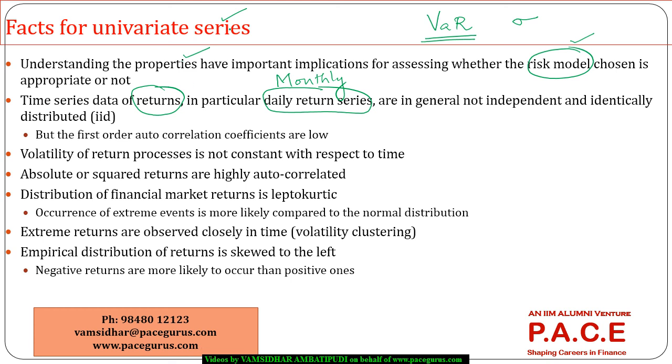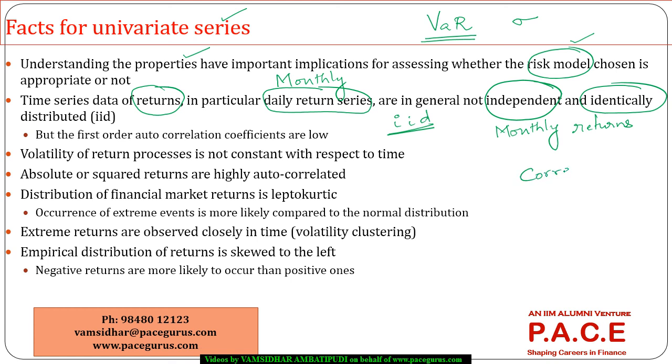But we have to accept the fact, and it is very strongly proven, that the time series returns, which means the monthly returns we are talking of, are not fully independent. They are not fully independent, and they are not identically distributed. Generally people think that they are IIDs, but what we can say is they are definitely not IIDs. There is some level of correlation existing between them, right? So the first thing I can check out.